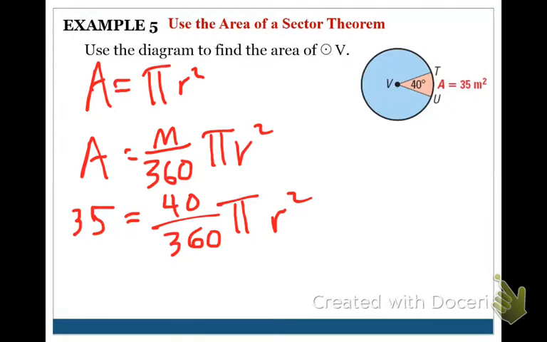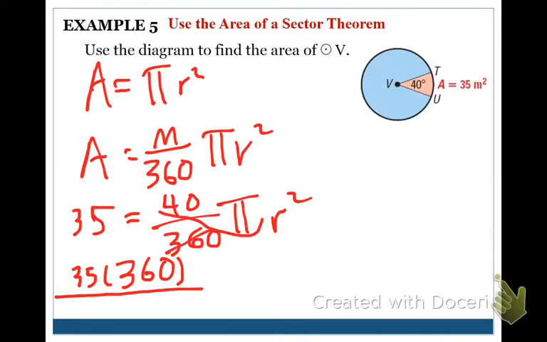We've got to clear the fraction, so we multiply 35 times 360, and then we divide by 40 pi to get it to the other side.